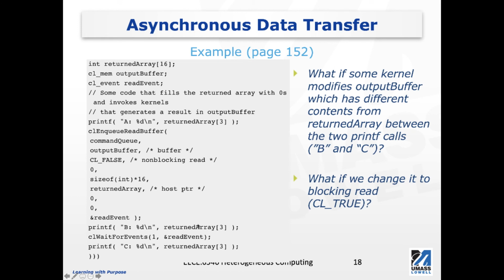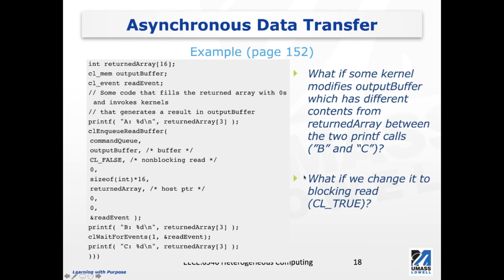We do not know if this initial value 0 is going to be overwritten with the data from the output buffer. And because we have the clWaitForEvents on the read event, this will block until this read buffer operation is completed. So the final printf will for sure print out the correct result from the output buffer.